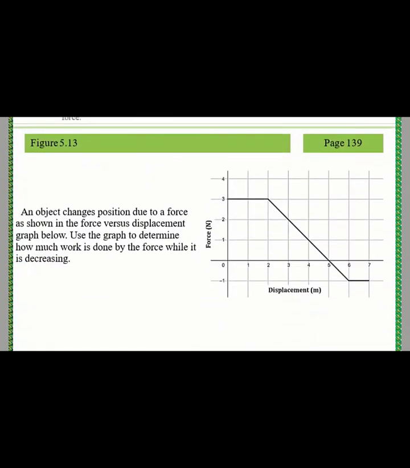An object changes position due to a force as shown in the figure. Use the graph to determine how much work is done by the force while it is decreasing. Where is the decreasing of the force? There is a trap. Beware.